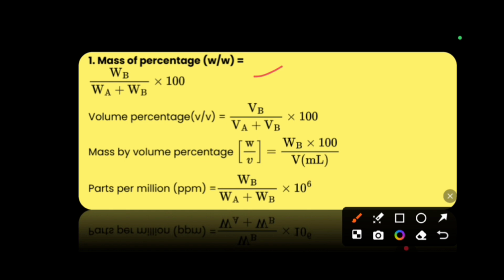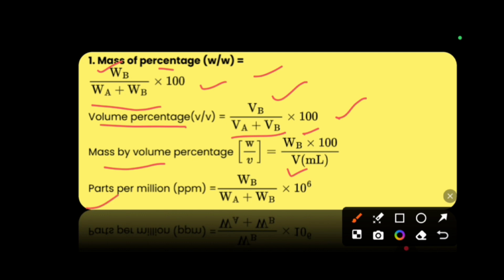Suppose you want to solve the mass percentage of solute, then you will write WB upside, because WB is the mass of the solute, divided by the total mass of the solution into 100, because it is given as a percentage. And volume percentage, V by V, is the volume of that solute divided by the total into 100. Mass by volume, then mass is written upside and then volume, into 100, because percentage is given here.